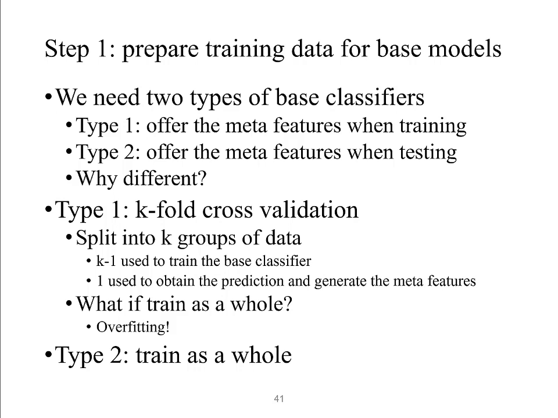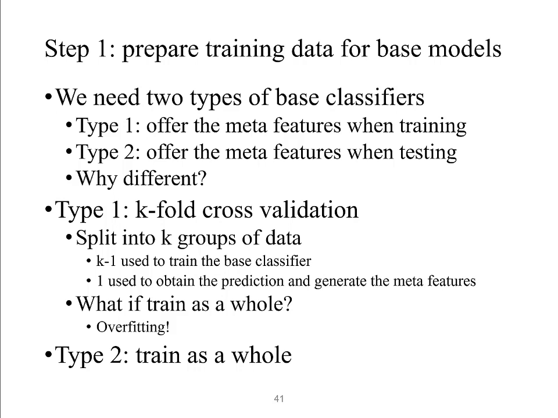A model is a more general concept. And in terms of base classifiers, we need two types, where the first type is to offer the meta features when we do the training, or to train the meta classifier. And the second type would offer the meta features when testing or doing the prediction.